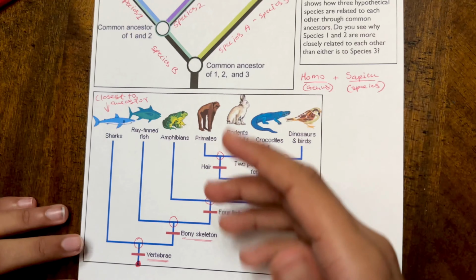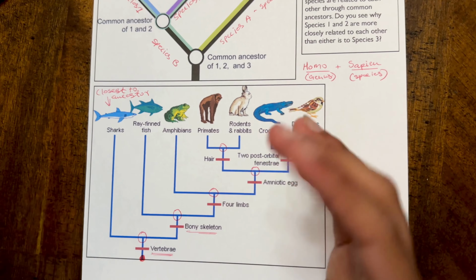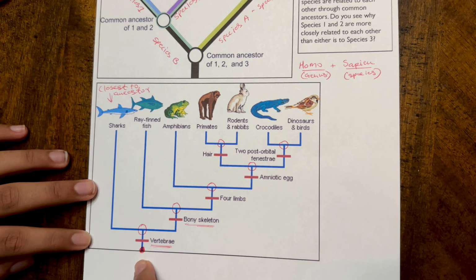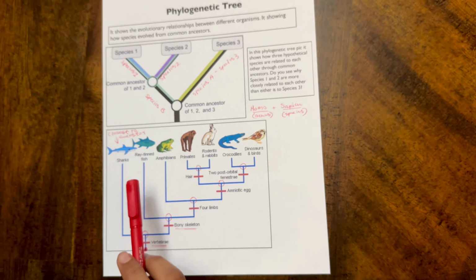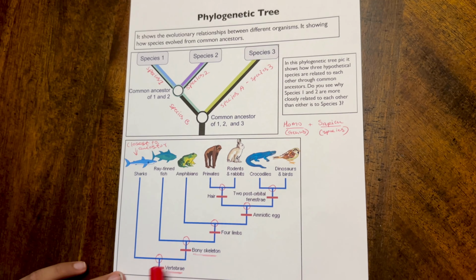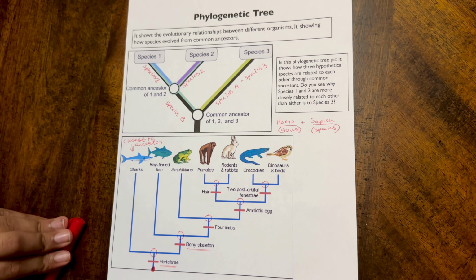But the more changes that happen to these organisms, the further away it goes from being closer to the common ancestor. This is a very complicated phylogenetic tree, and this happens over a series of evolutionary changes.